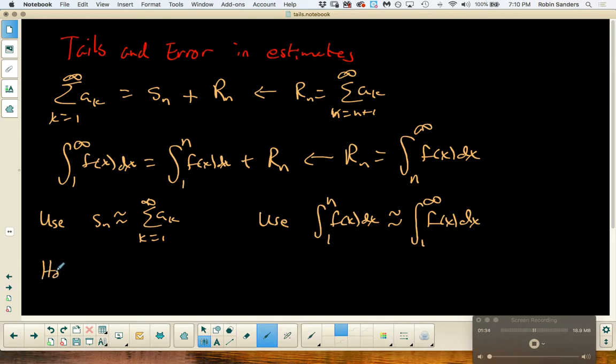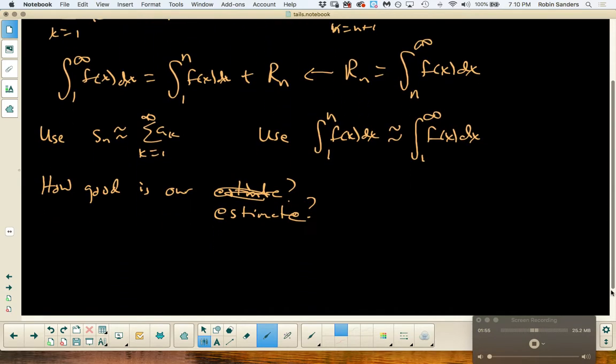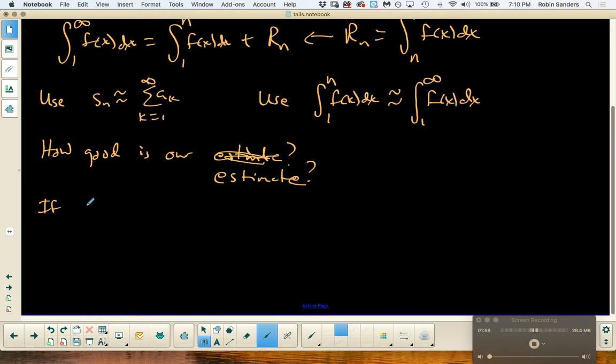How good is our estimate? That's not actually a difficult question to answer, so let's look at how we might answer it. It turns out that if we use S_n to approximate the infinite series, then the error in our approximation is actually equal to the tail of the series.